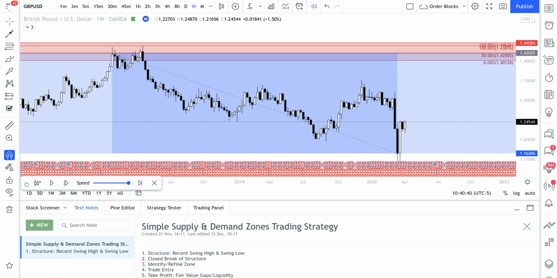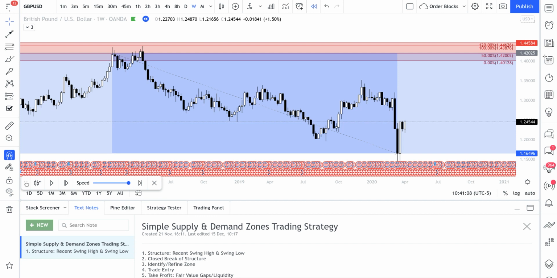It's real simple, guys. Identify your recent swing high and swing low. Wait for a closed break of structure of that swing high or swing low. You identify the zone. If you get a break to the low, you're going to look for the last bullish candle right before that break, and you're going to refine that zone to the 50% of that zone for your entry.